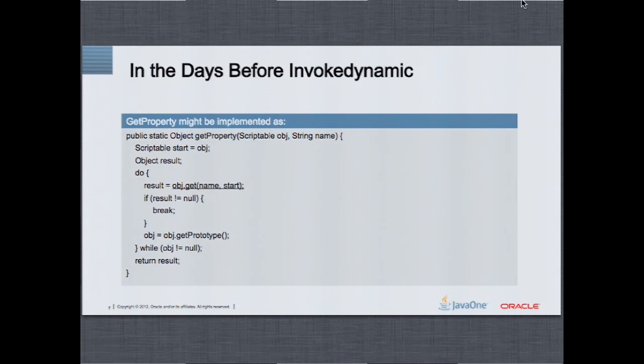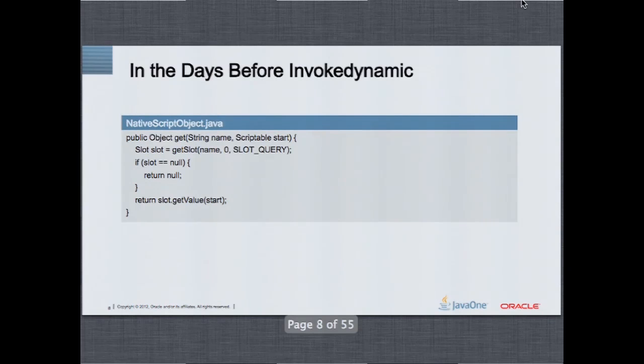Now, the getProperty itself might be implemented something like this, where you are doing a lot of things, but most notably, you end up invoking a get method on an object, with the start parameter for various prototype resolutions and whatnot. And for instance, for a native scripting object, this might end up being a retrieval of a slot or some map.